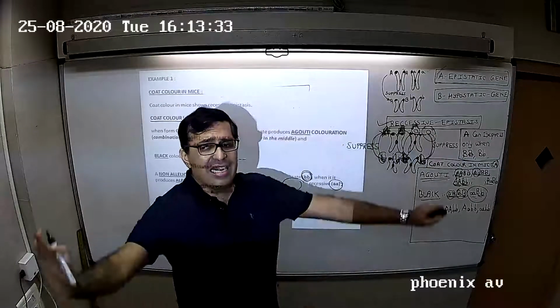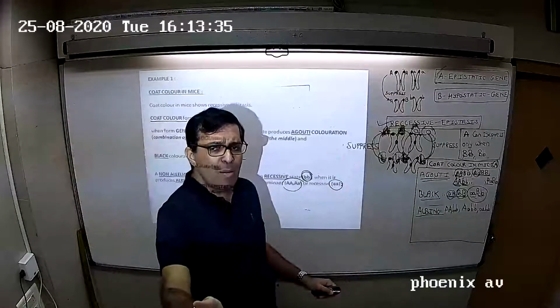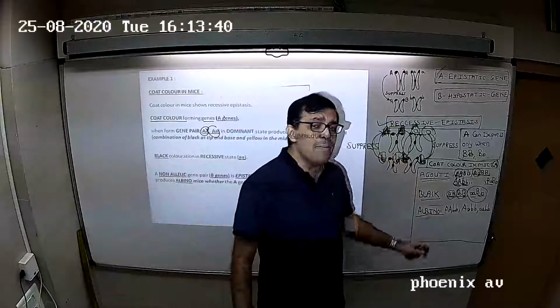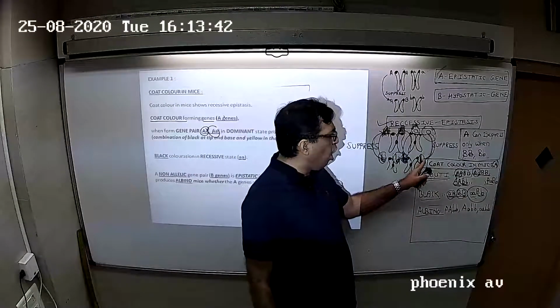Whatever the condition, if small b comes, it will straight away show albino because of recessive epistasis.